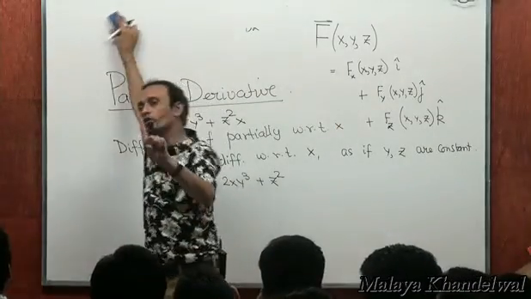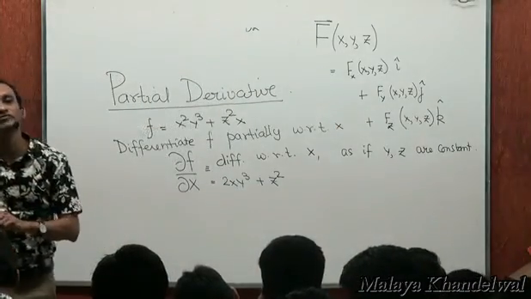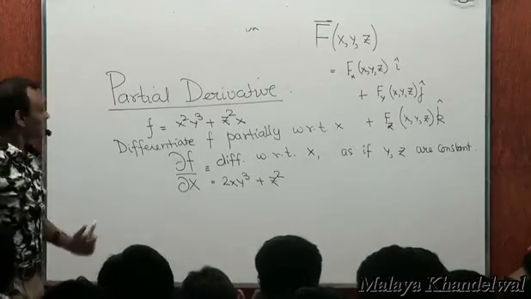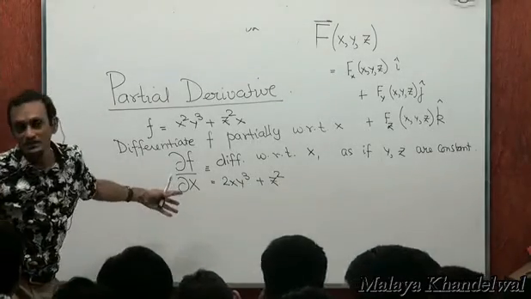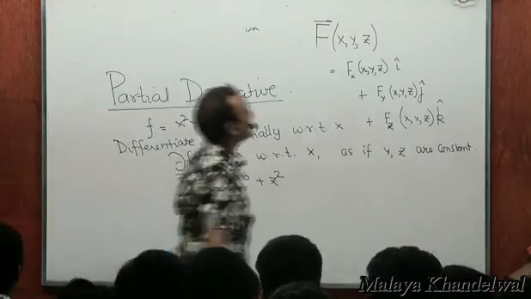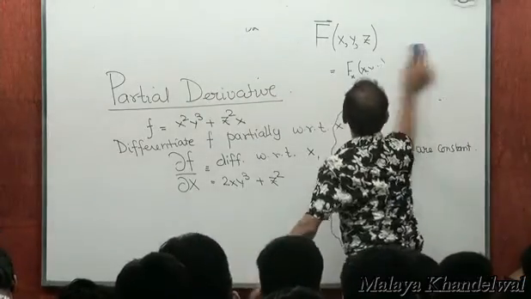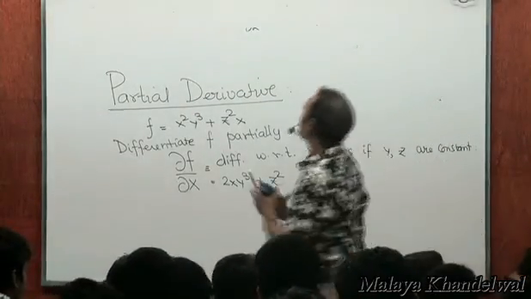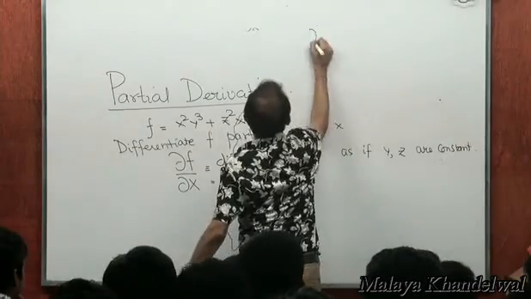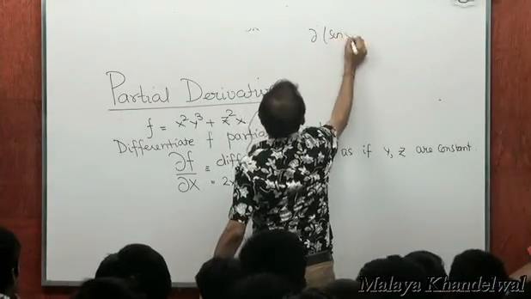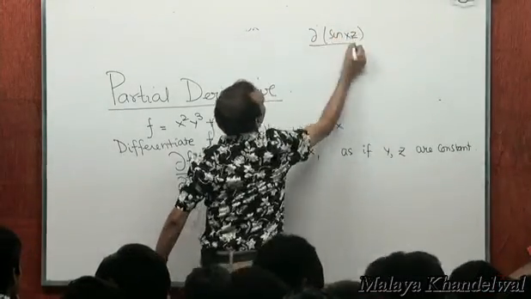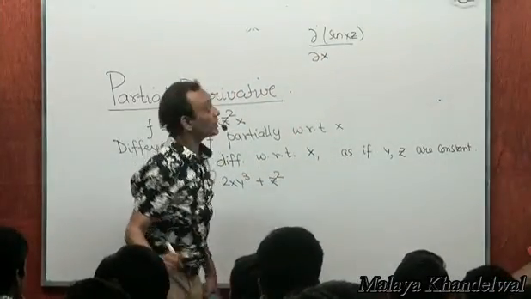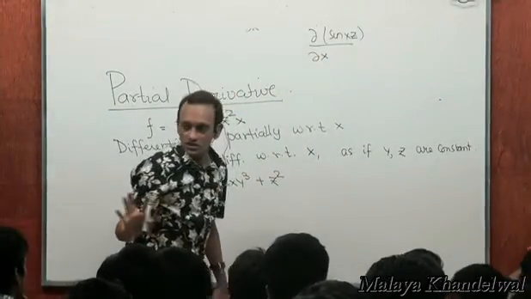Okay. So can I assume that you have understood how to differentiate a function partially? And what this notation dodo means? Good. Now, same thing though. Say I want to differentiate sine xz with respect to x, keeping y and z constant, keeping z constant in this case.